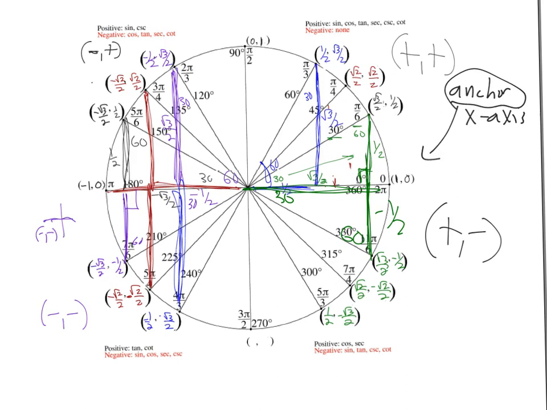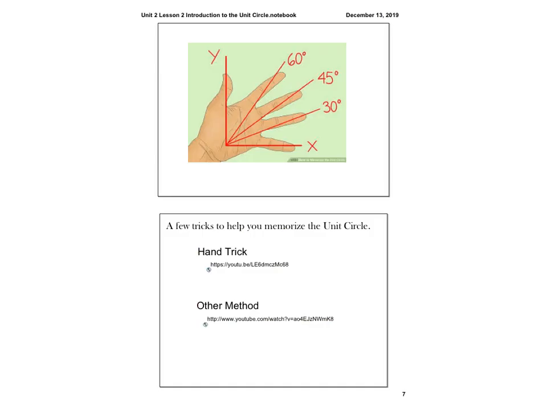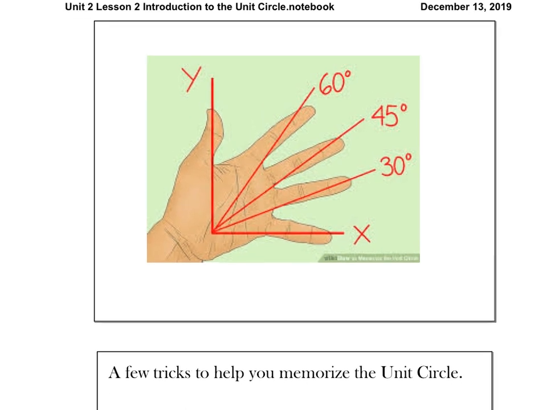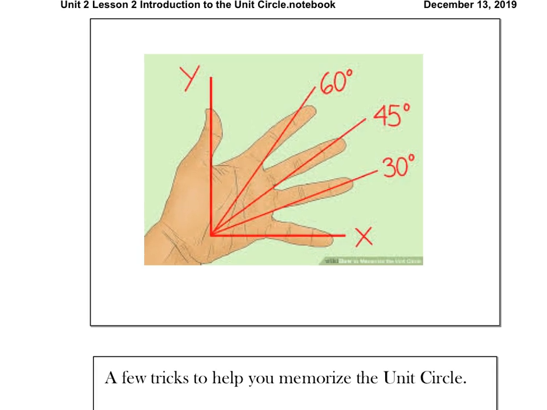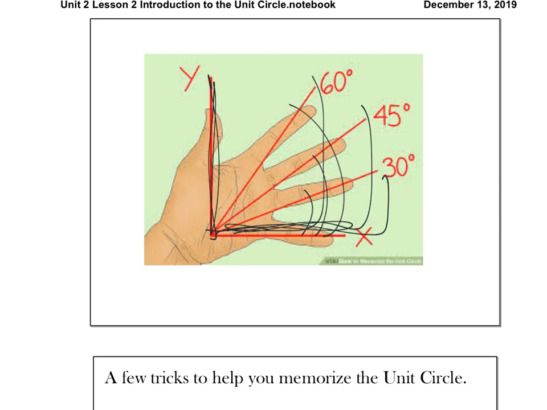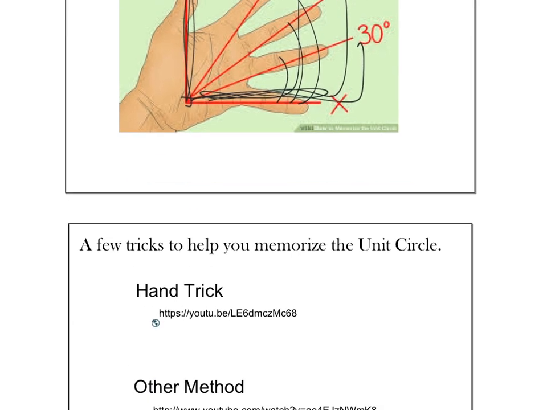That's all I'm looking for. If you think about it using the hand trick, your pinky is the x-axis, your thumb is the y-axis, 30, 45, 60. Build your special right triangles. Realize that this is straight up, this is straight out, and then you're going from there.